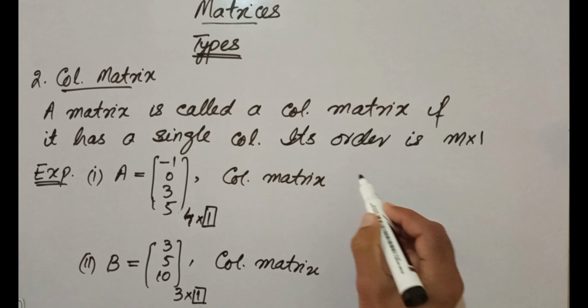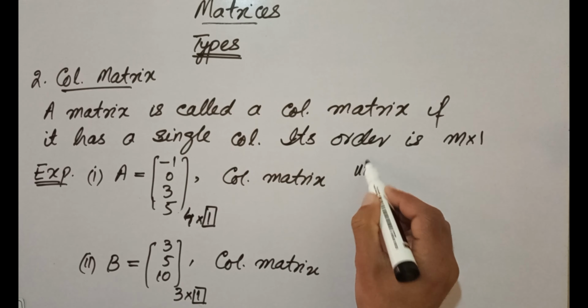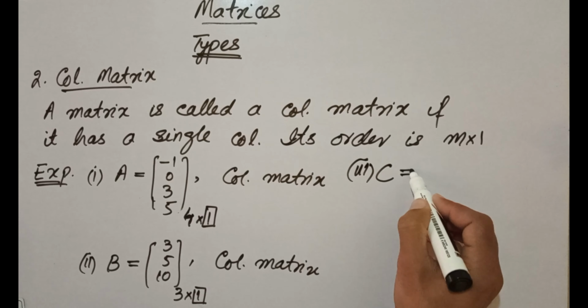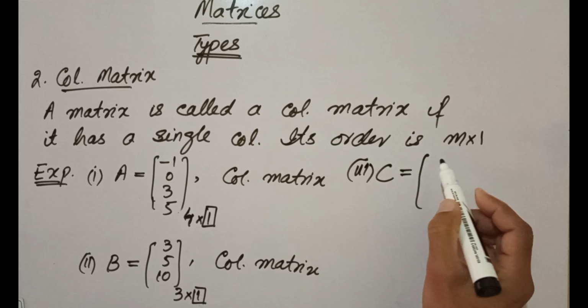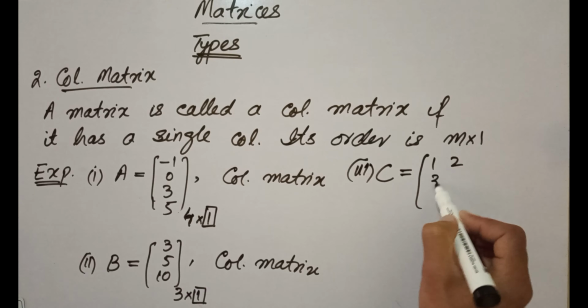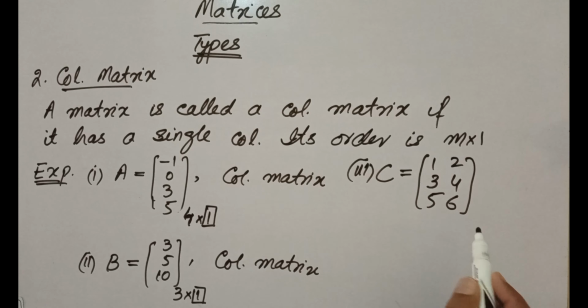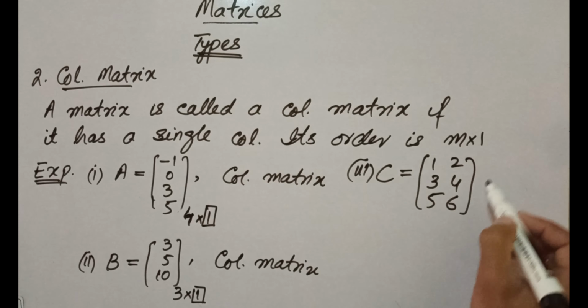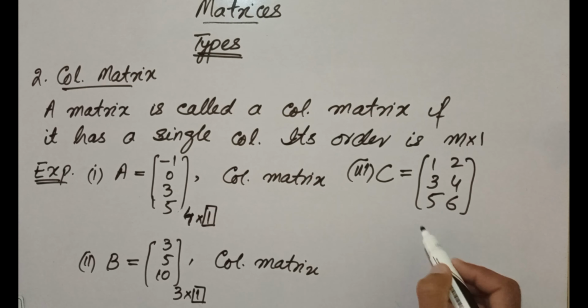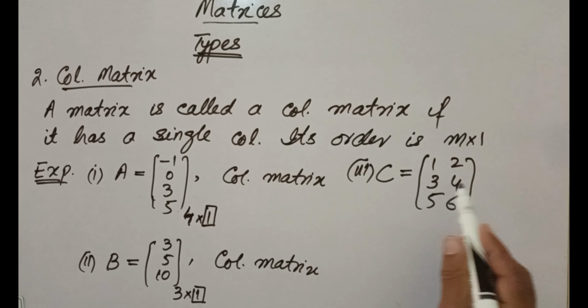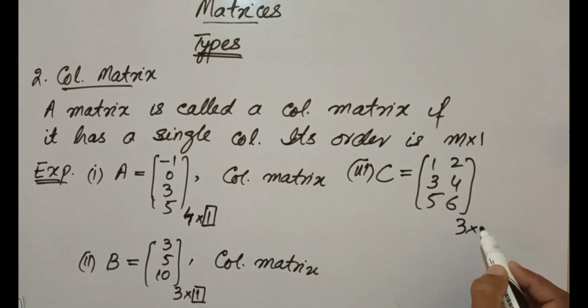But if we consider a matrix C, which is 1, 2, 3, 4, 5, and 6, then this is not a column matrix, because its order is 3 by 2. We have 3 rows and 2 columns.